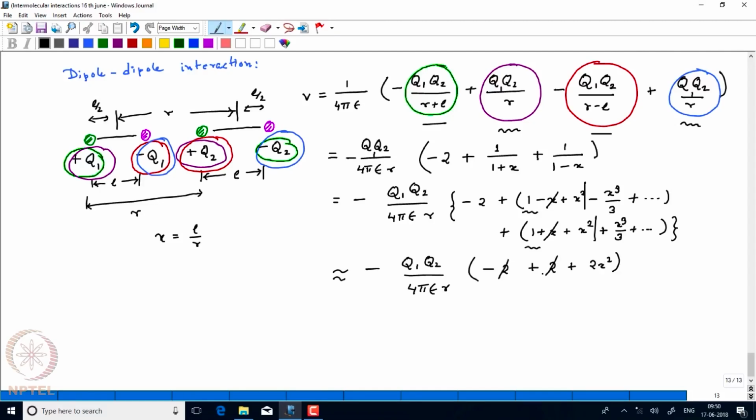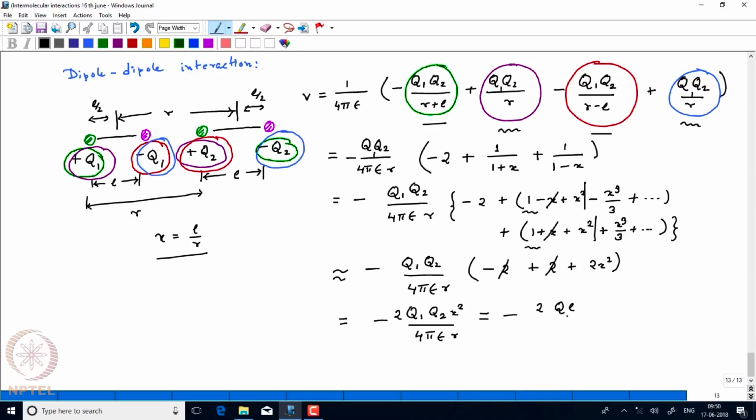So these 2 now get cancelled, and then in the final expression I will have twice x square into q1 q2 by 4 pi epsilon r, and then I know that x is nothing but L by r, so I will just replace it. So it will be minus q1 q2 2 times x square by 4 pi epsilon r, and then I'm again replacing x as L by r, so it will be twice q1 L. So x square will be L square by r square.